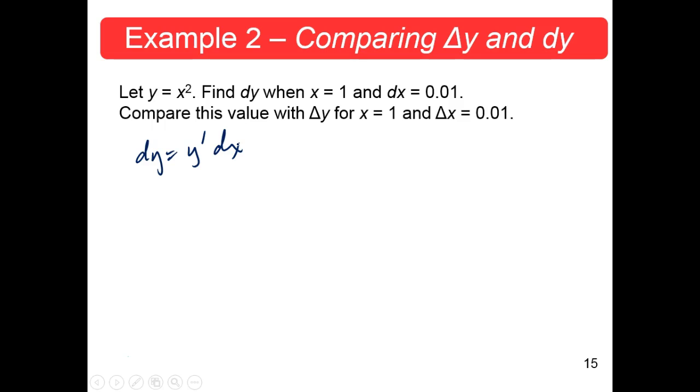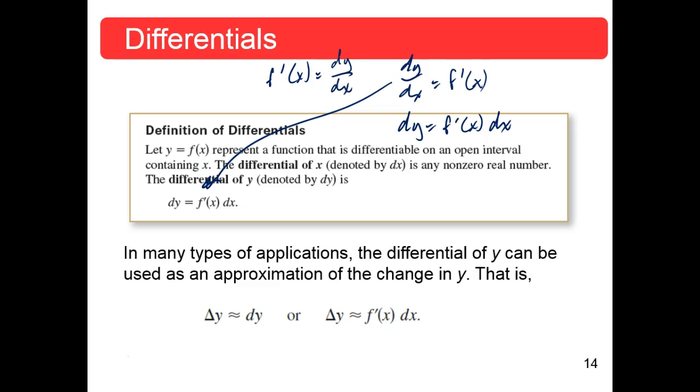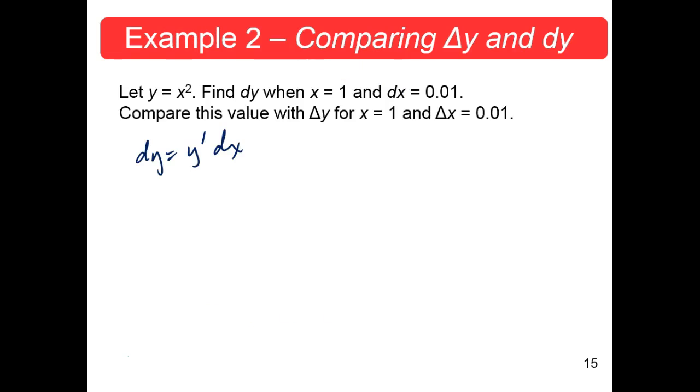Is that what you were saying? Isn't that exactly what this is? It's f prime is what we're calling it here. Now we're calling it y prime. Same thing, right? Okay. So we're looking for this dy when x is equal to 1.